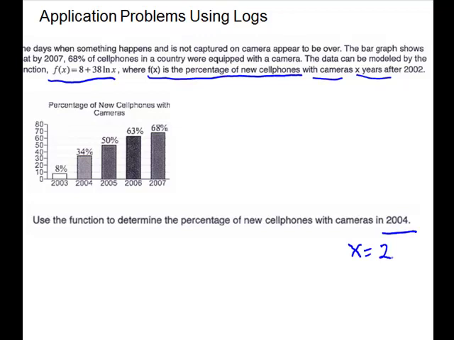And so this one really is just an evaluate question. This is our function. And so we want to find f of 2.